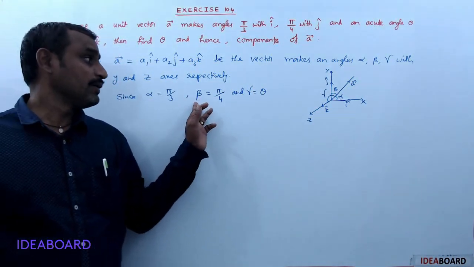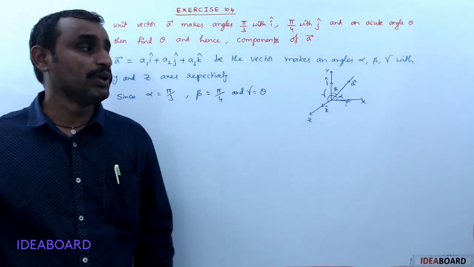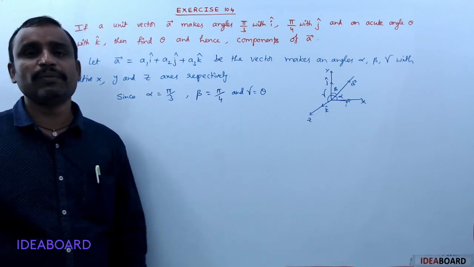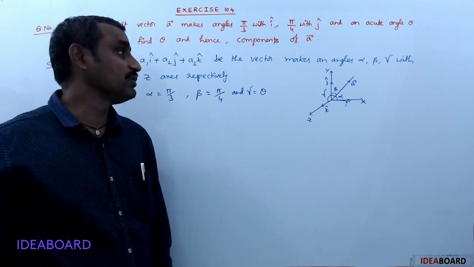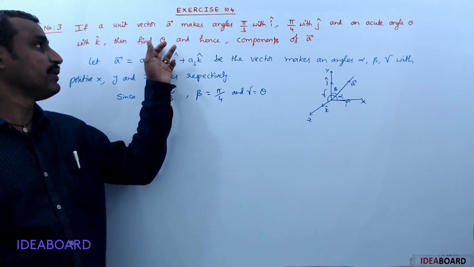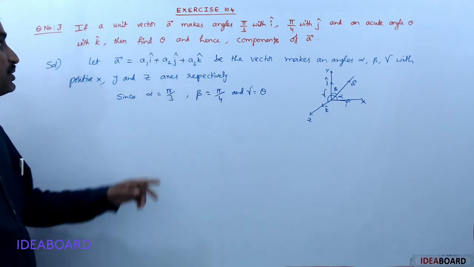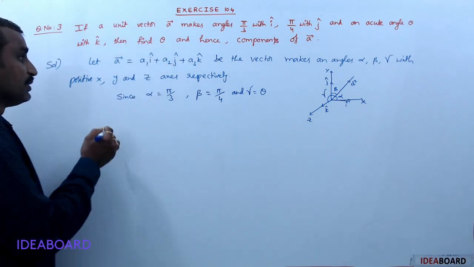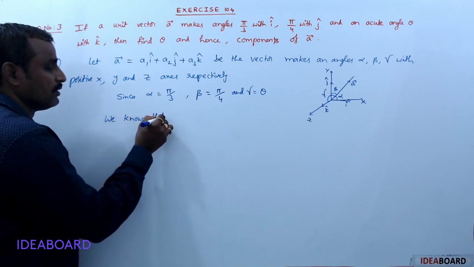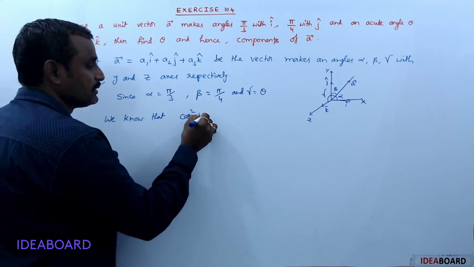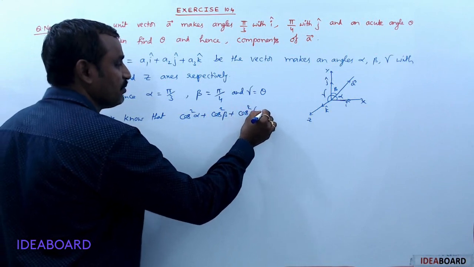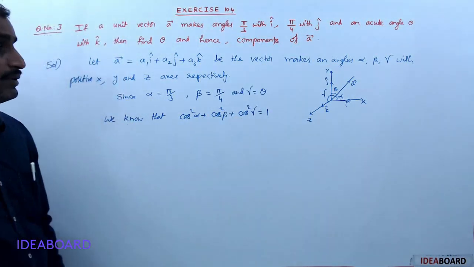Now we know alpha, beta and gamma angles. We know the direction cosine formula: cos square alpha plus cos square beta plus cos square gamma is equal to 1. Using this, first we want to find theta.